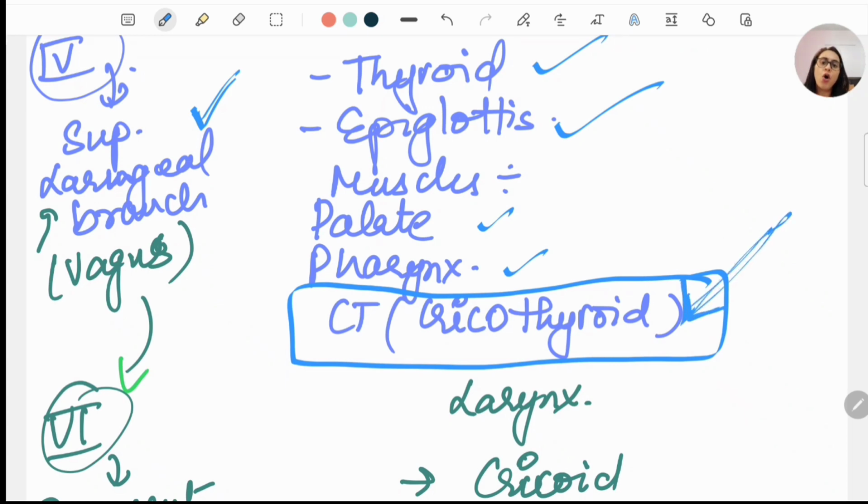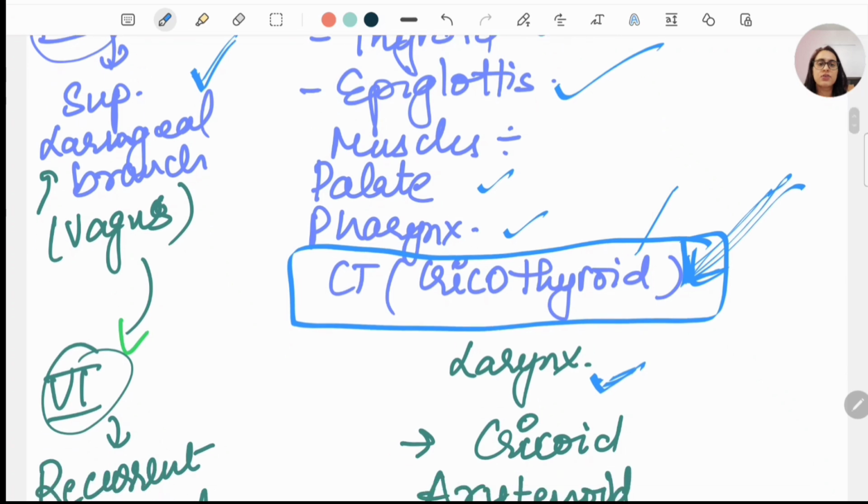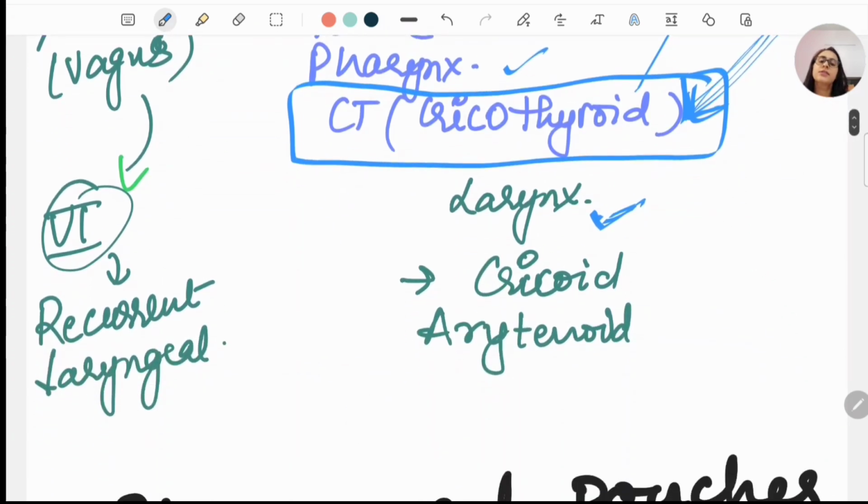Except that, all the muscles of the larynx are supplied by the recurrent laryngeal nerve, which is a derivative of the sixth pharyngeal arch. So remember, only one muscle of the larynx is a derivative of the fourth pharyngeal arch, which is CT, cricothyroid. Rest all the muscles of the larynx come under the sixth pharyngeal arch.